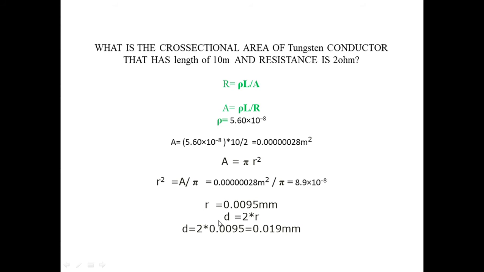So what is the diameter? The diameter is equal to 2 multiplied by the radius of this cable, and we have the radius here. So the diameter is equal to 2 multiplied by the radius, and this answer is equal to 0.019 millimeter.